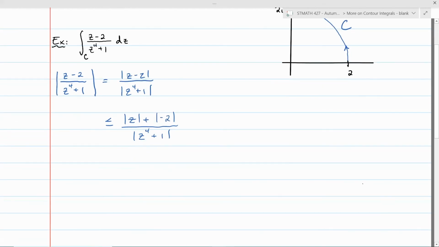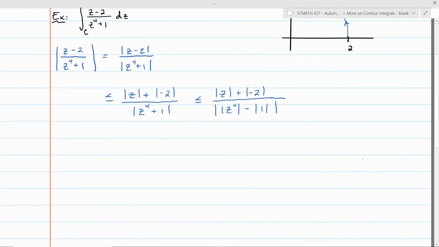And then we could make the denominator smaller by using the reverse triangle inequality. We could say the denominator gets smaller by replacing it with the absolute value of modulus of z to the fourth minus modulus of 1, like that.